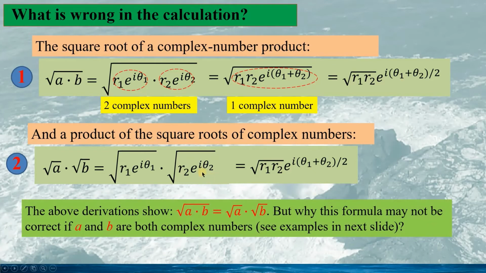So from this derivation, we should have the result as the square root of a times b equaling to the square root of a times the square root of b. But why can this formulation be incorrect when a and b are both complex numbers? We will see some examples in the next slide.